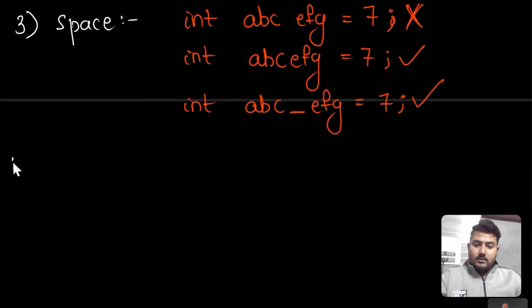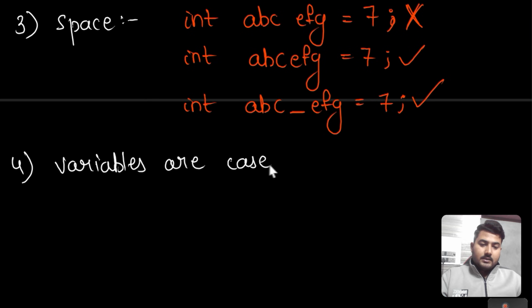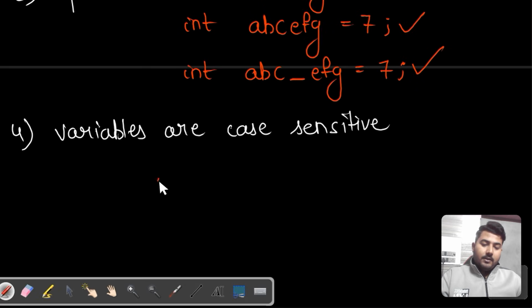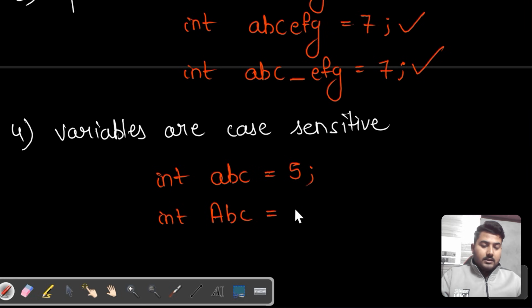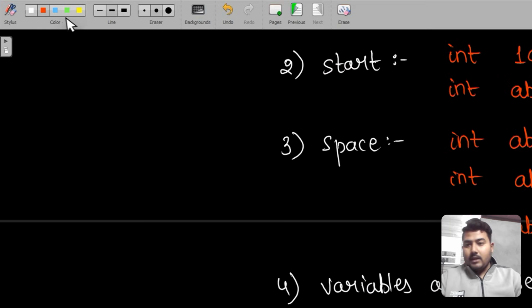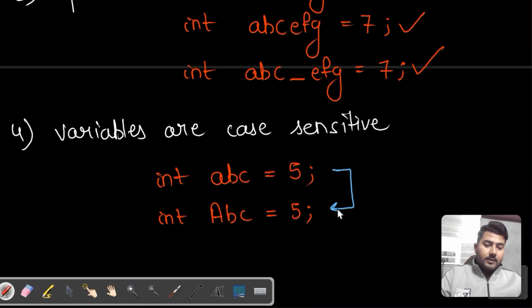One more rule here is that variables are case sensitive. That means if I define a variable abc is equal to 5, and I define another variable capital A B C is equal to 5, then these are simply two different variables. These are not the same.